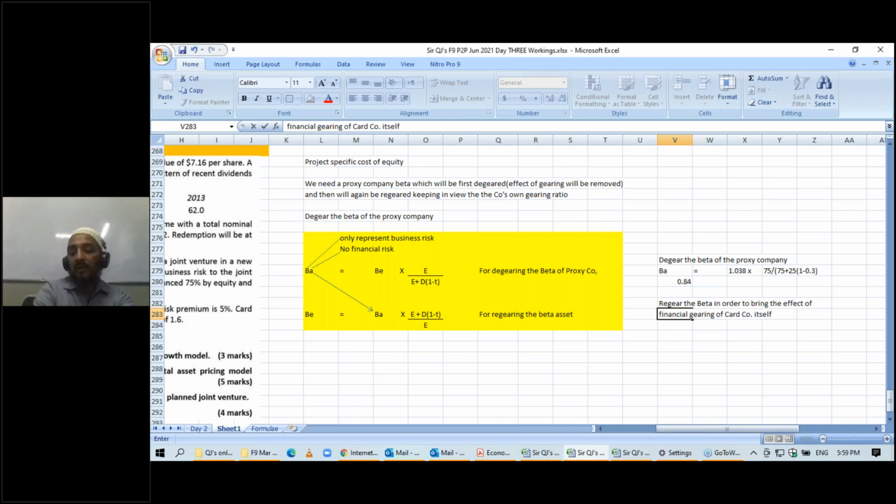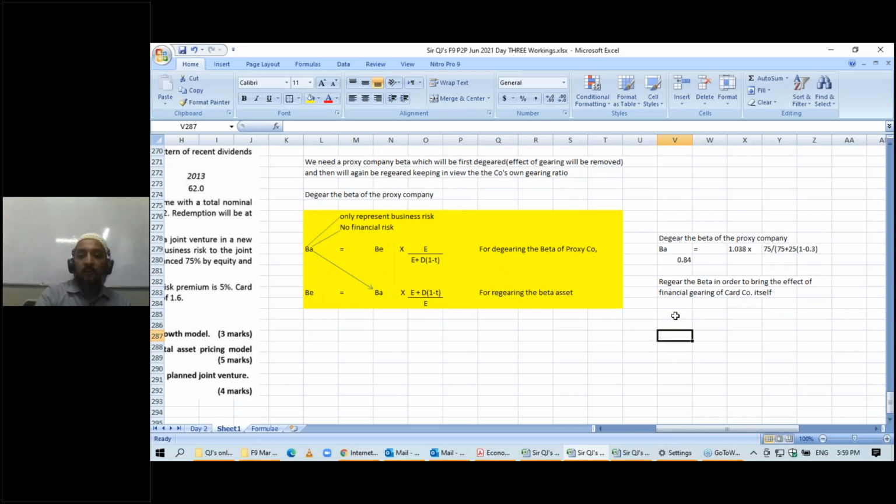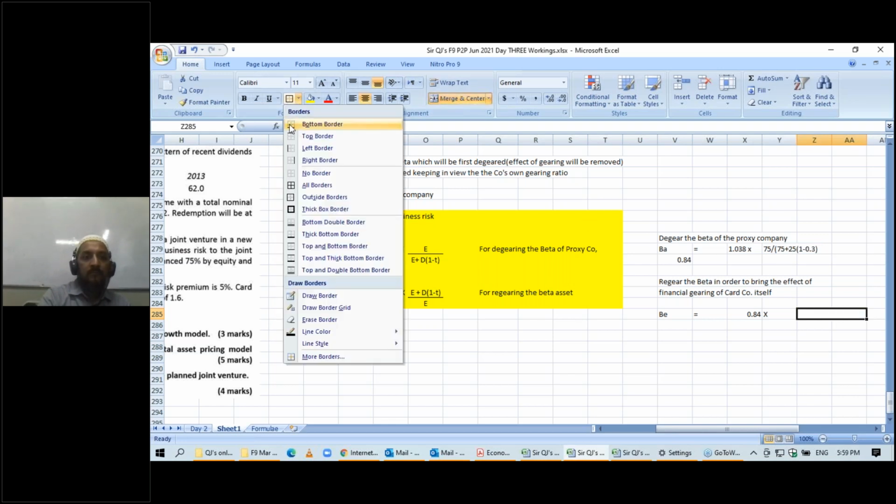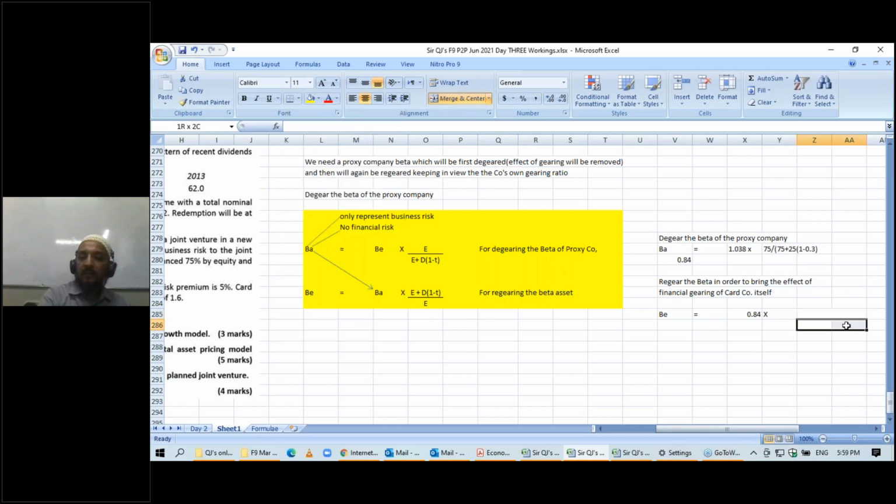Now, how will you calculate the gearing effect? To calculate the value of equity, now we are going to calculate BE. B is the beta, which is the geared beta. So for this, I need beta asset or beta ungeared, which is 0.84. And then I want the value of equity and debt of the card company. So I have to calculate it first. The market values of the card company's debt and equity.